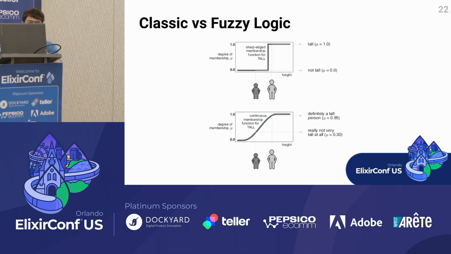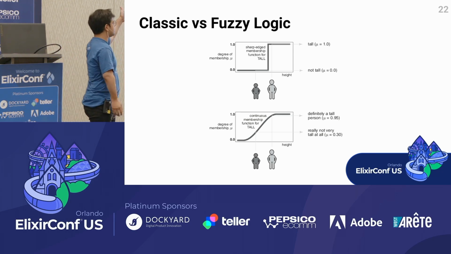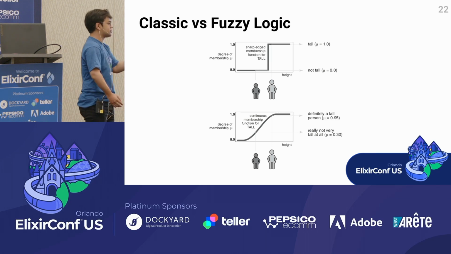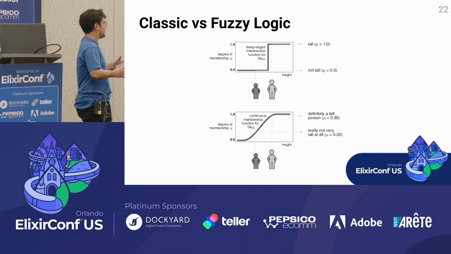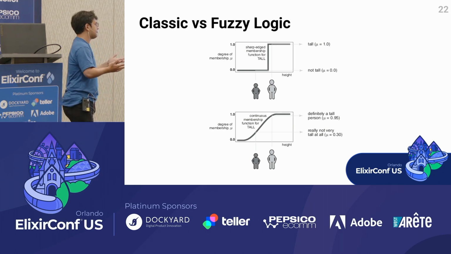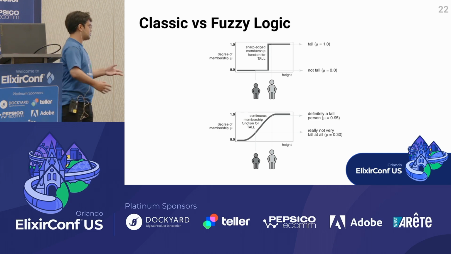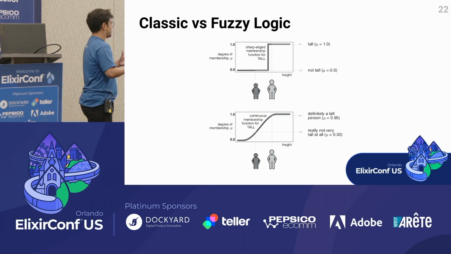In this slide, I show you an example of how these things work. The first membership function is a threshold. This means that it's the classical logic approach, and the one below is using another function, which means that we are in fuzzy logic.